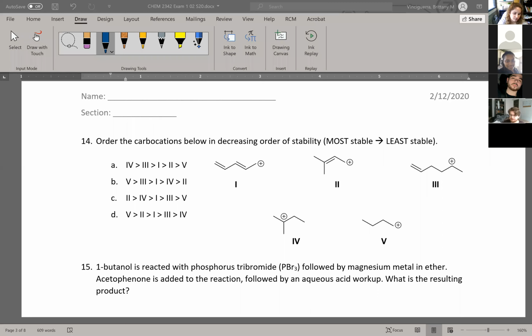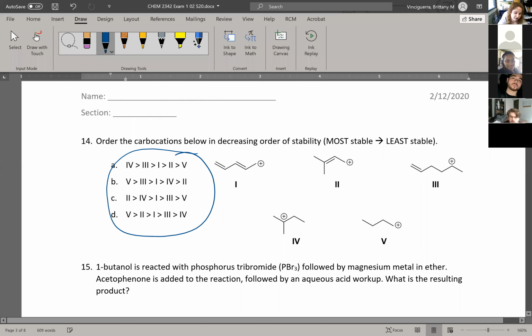I would not use these to dictate your answer. I would try to come up with an answer and then try to match it. If you were unable to get it to match, let's go through ways that you can eliminate things. So which one by far is the least stable?